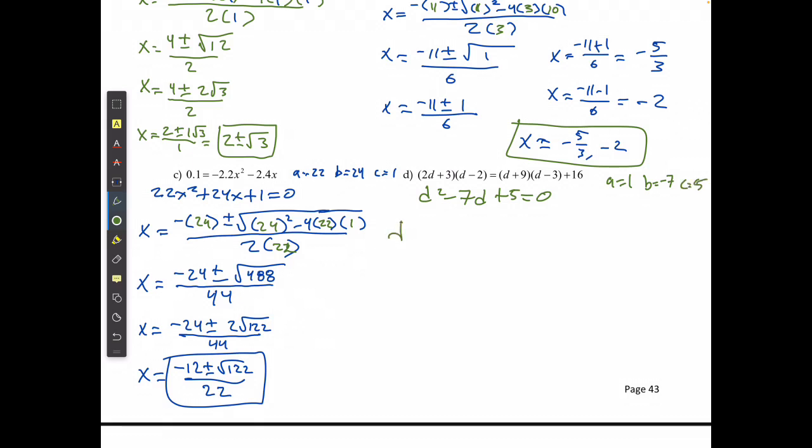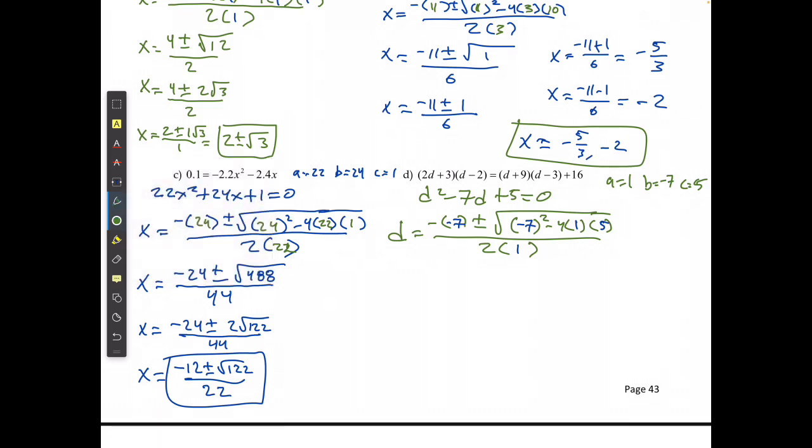So not x this time, D is equal to negative bracket plus or minus the square root of bracket squared minus 4 bracket bracket all divided by 2 bracket. I'm going to substitute my numbers in. -7 plus or minus -7 squared minus 4 times 1 times 5 all divided by 2 times 1.